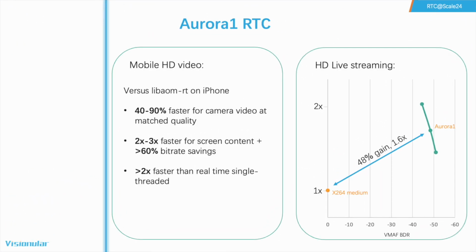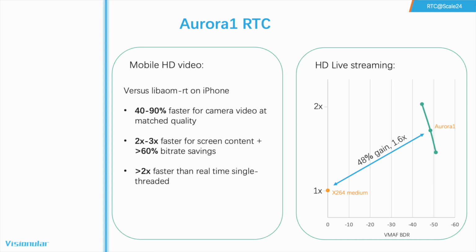So how did we perform? Here's a couple of examples from live streaming and video calling. In the live streaming case, I've shown you a portion of a waterfall curve. The reference here is x264 medium, which sits on the x264 curve. And we can actually get both speed gains and big quality gains.